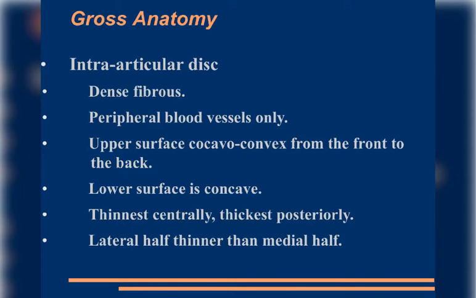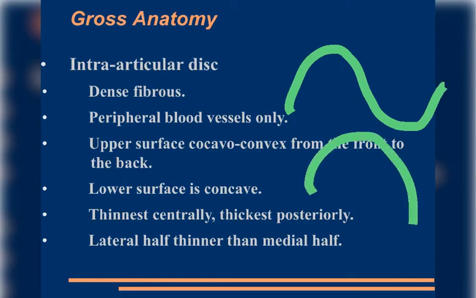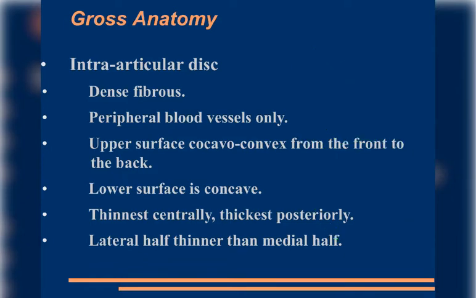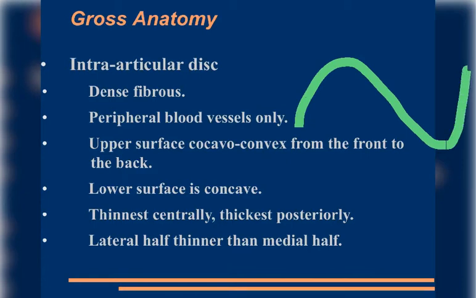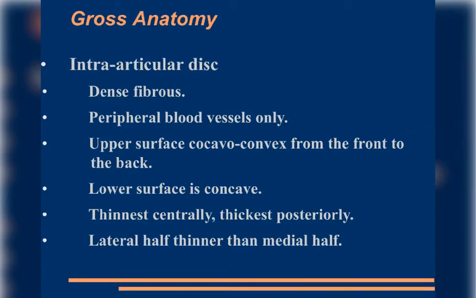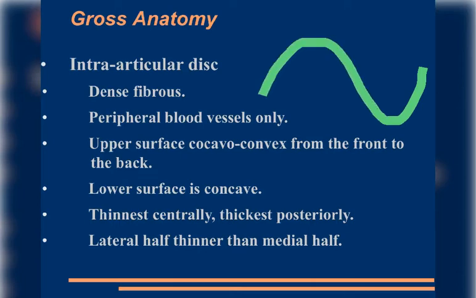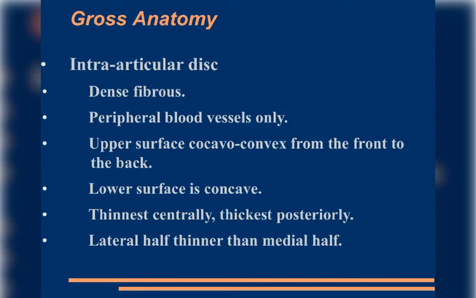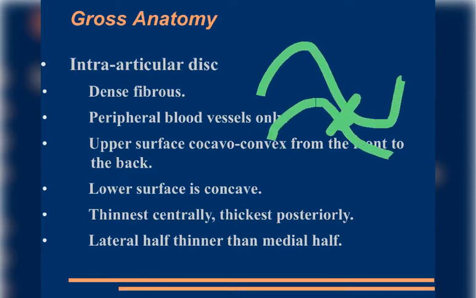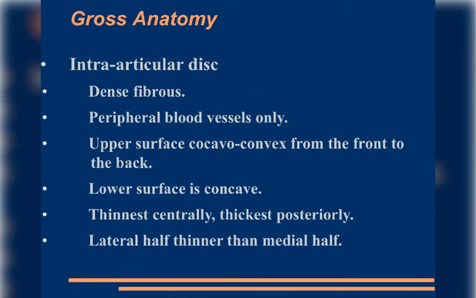The lower surface is concave because it opposes the condyle, and the condyle is convex. Because the upper side is concave or convex anterior-posteriorly, and inferiorly it's concave, this makes the central region very thin, and this is the mid region where we have a higher chance of perforation when there are problems with the TMJ.